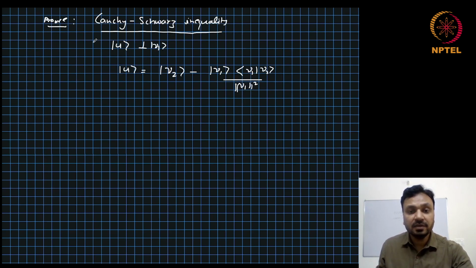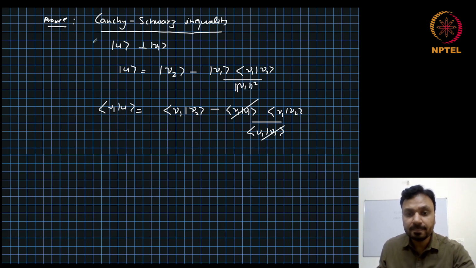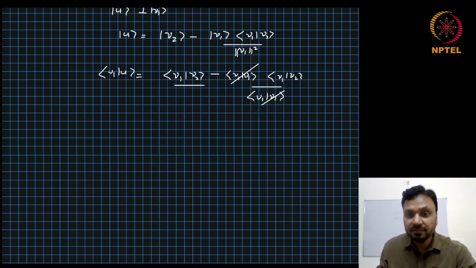Now if we take the inner product of v1 with u, that will be <v1|v2> minus <v1|v1> times <v1|v2> over |v1|squared, which is actually <v1|v1>. This cancels, and we get 0. So it means v1 and u are orthogonal.